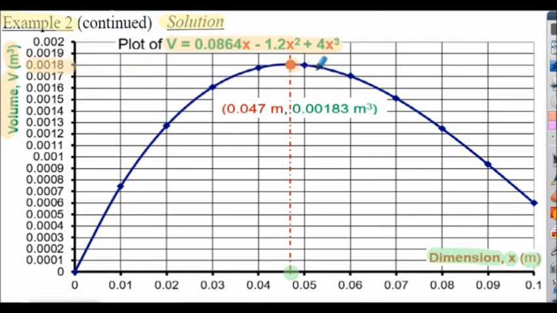So it's that maximum turning point that we're trying to find in this particular case. So a graphical method is very useful, it's very visual, easy to understand, but it's not particularly accurate when trying to select the value of x and V. So we're going to use differentiation to calculate these values shown here of x and V.